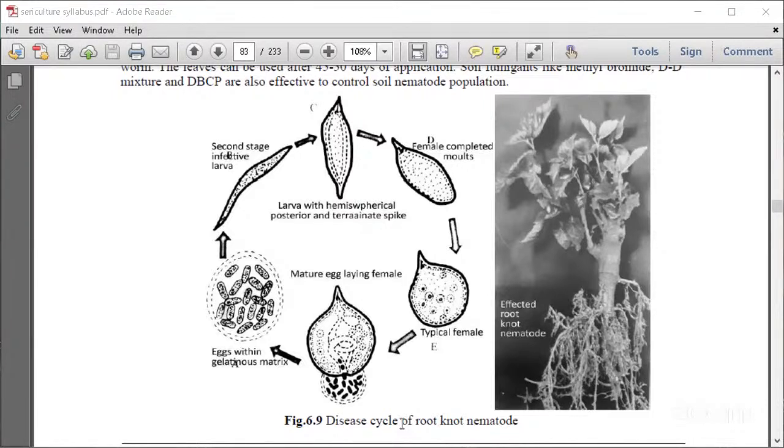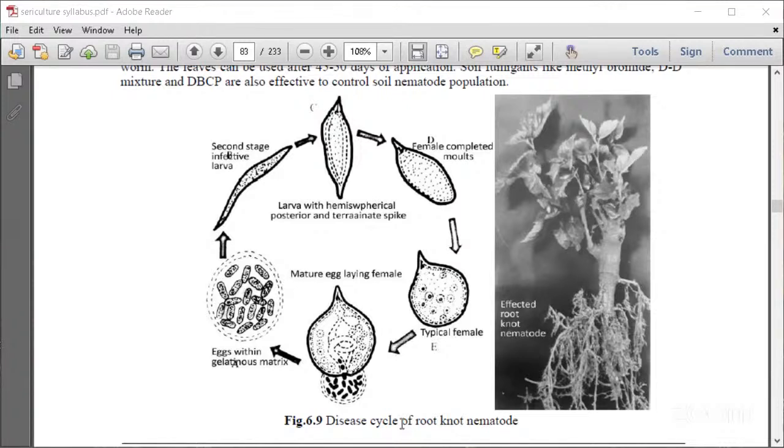This parasite causes alteration in plant physiology. The affected plant shows stunted growth, meaning short growth, and marginal necrosis and yellowing of the leaves take place. The underground symptoms are the formation of characteristic knots or galls on the roots.